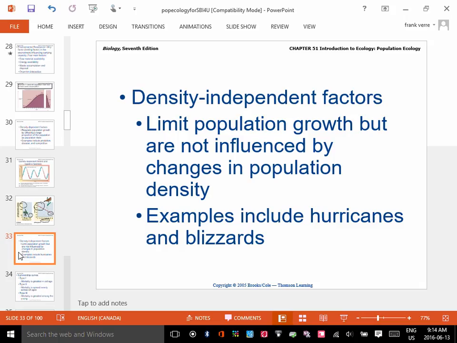It has nothing to do with a hurricane. Whether there are a few rabbits or a lot of rabbits in a forest, will that affect the chance of an earthquake happening? No. Or an asteroid hitting? No. So those are called density-independent factors. But would the size of the population have any effect on how easy a disease will spread? Yes. That's a density-dependent factor though. Okay?